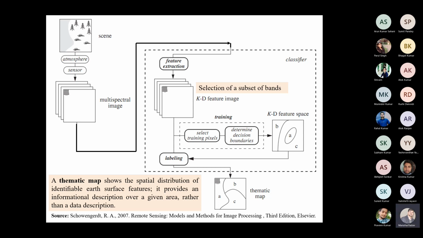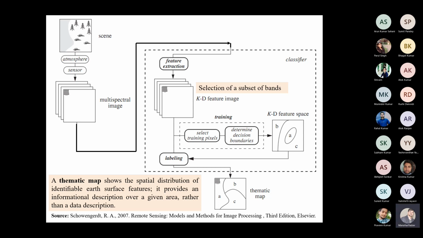Okay. So we perform a training. In training, in the selected subset of the image, in those spectral bands, we collect the response of various objects. Let's say out of 12 bands, we select green, red, and NIR bands for the classification.